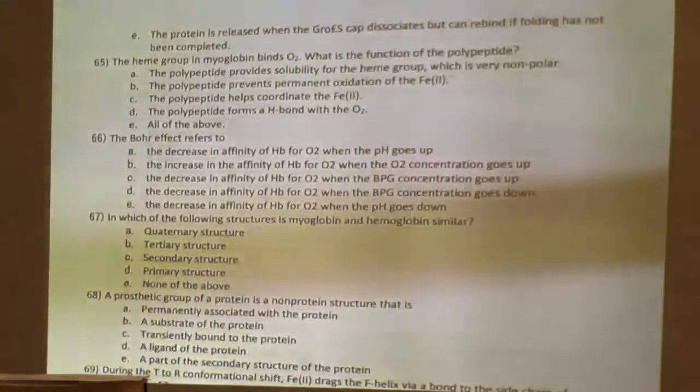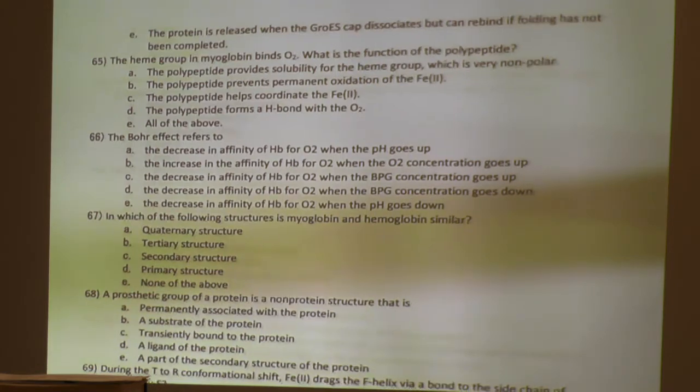So 65. The heme group in myoglobin binds O2. What is the function of the polypeptide? Did I say hemoglobin? I meant myoglobin. Whoops. So what do you know about the myoglobin peptide?